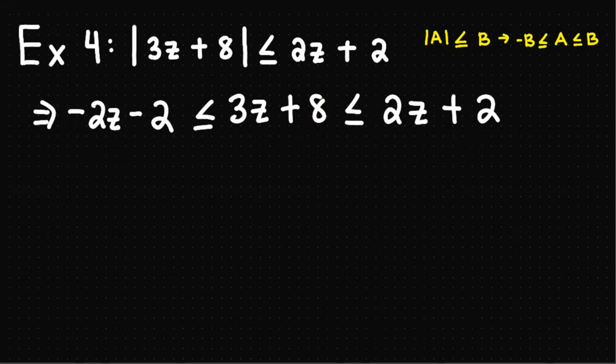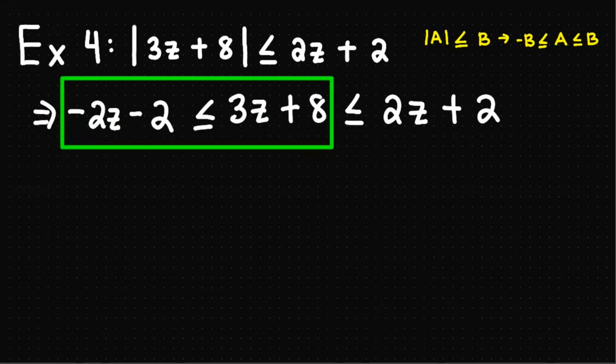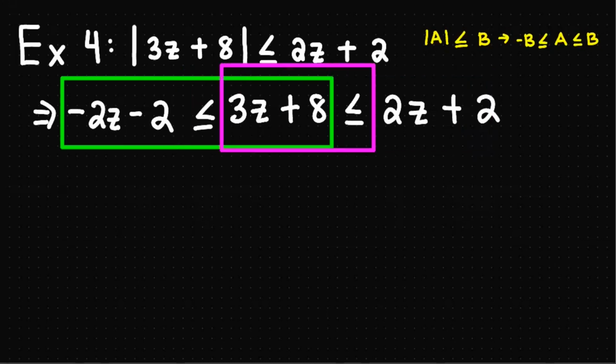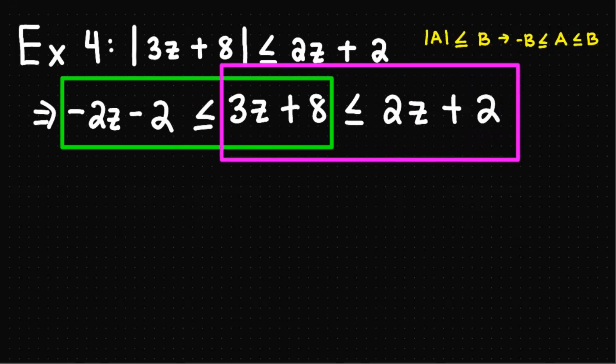I hope that was clear. But in this type of problem, what we do instead is we split this into this one and into this one out here. So we'll do just that.